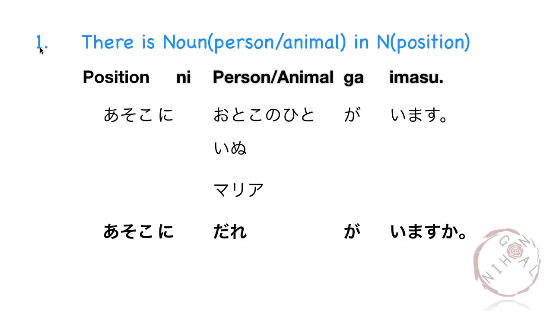Okay, now time to review what we've learned today. The first one is saying that there is a noun, such as a person or animal, in a position or in a place. So we use position ni person or animal ga imasu. For example, あそこに男の人がいます。あそこに犬がいます。あそこにマリアさんがいます。Or to ask the question, あそこに誰がいますか?